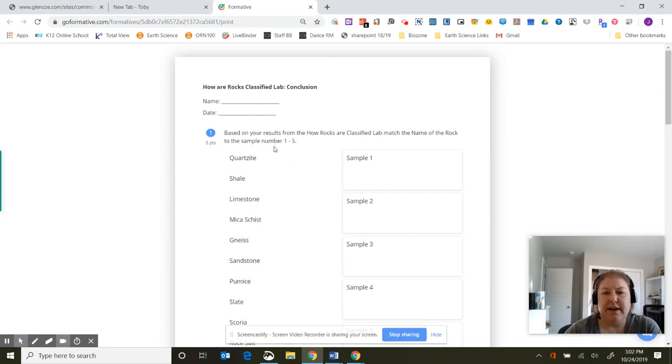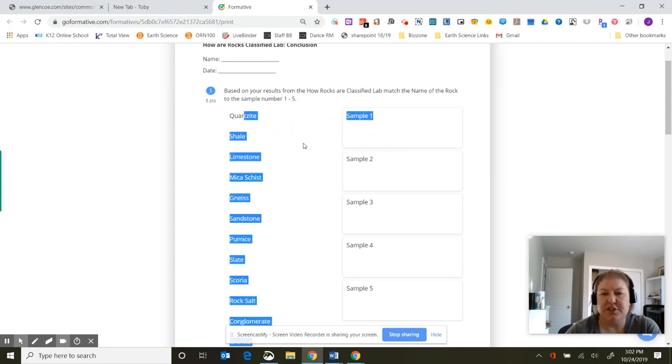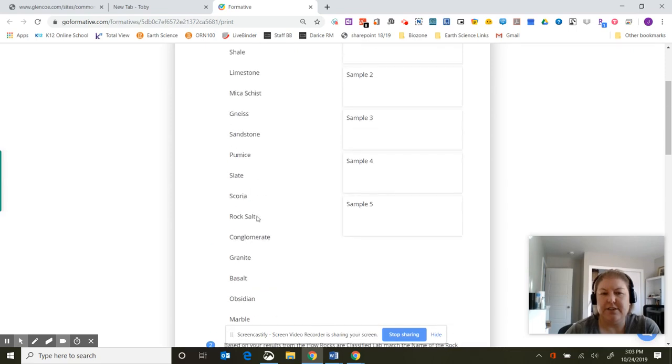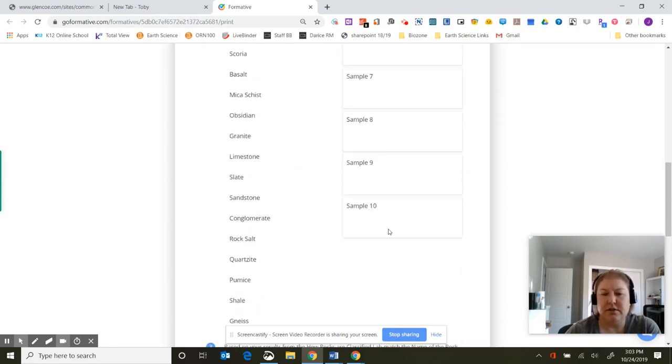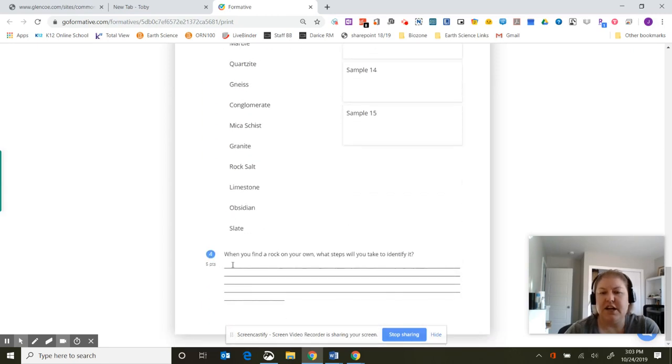So you got 5 questions. They're based on 5 samples at a time. So sample 1, you're going to slide in whichever one it should be. You're just going to slide them in based on the names of the samples. So all the sample names are there. It's only the first 5, 6 through 10, 11 through 15. And then you've got your final answer.